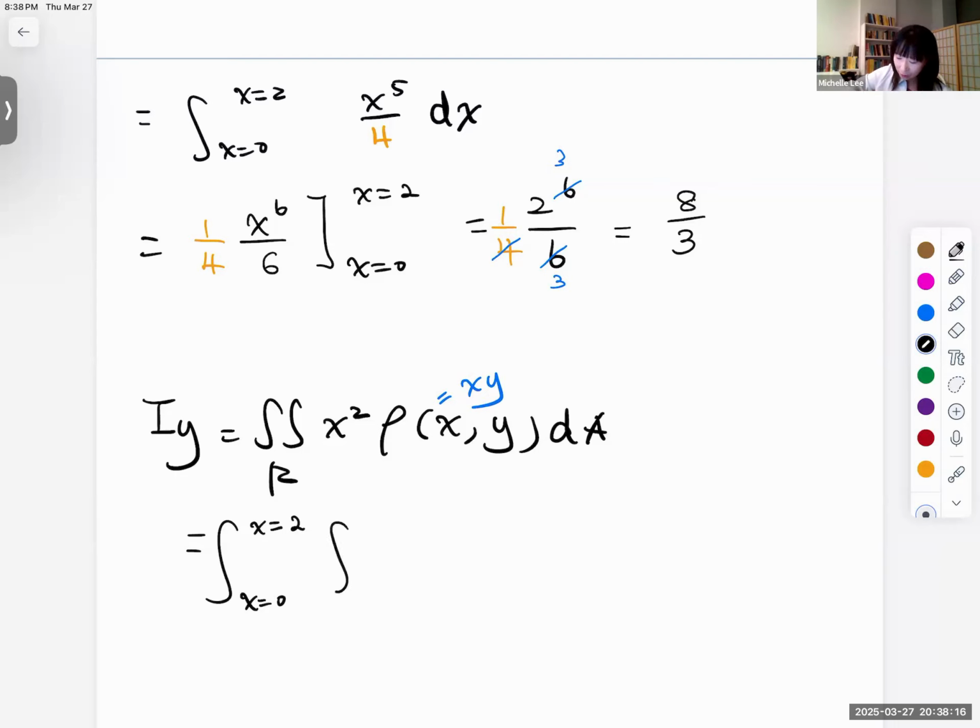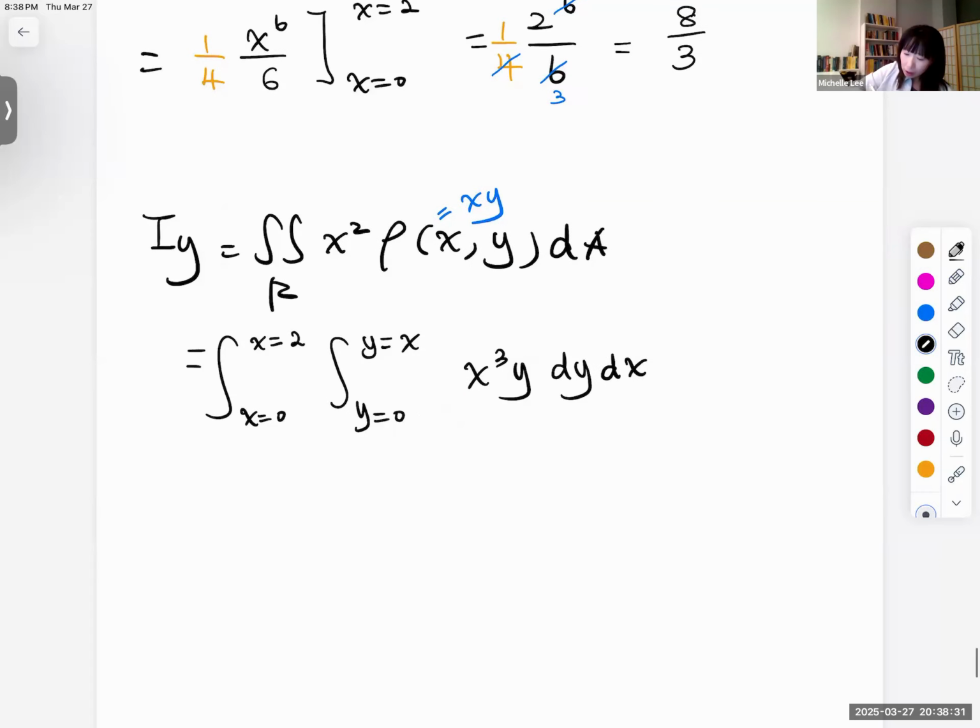All right, and then y equals 0 to x. Then let's multiply together. So we have x to the third power, y dy dx, with x equal to 0 to 2.